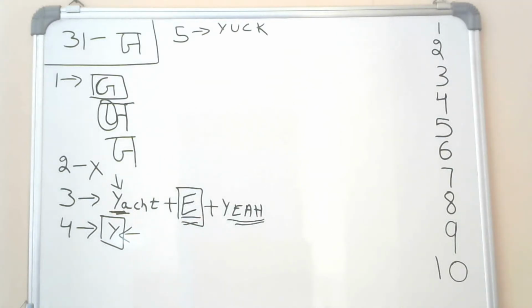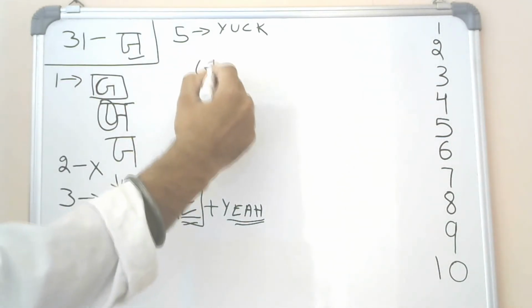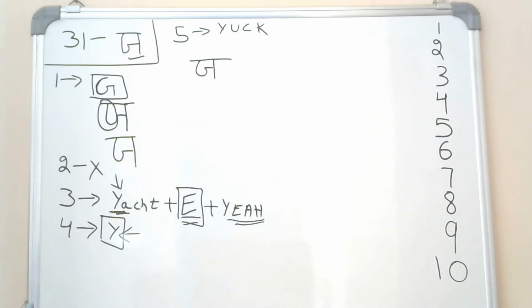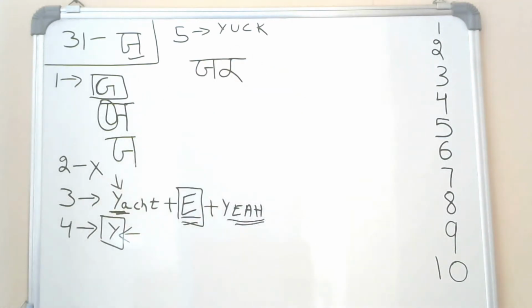Here, the word is yuck. How am I going to write it in Punjabi? So this is my letter Y. Then I need to have K. That K sound I am going to get from the sixth letter of Gurmukhi. This is one word in Punjabi. Let me say it again.